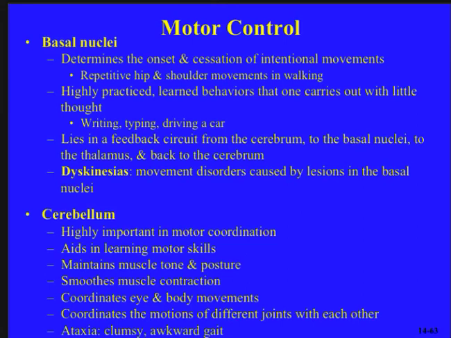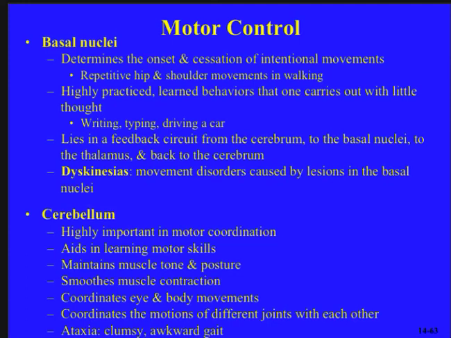Ataxia is a cerebellar defect in which you have a clumsy, awkward gait, and this has to do with the fact that the cerebellum in certain individuals is unable to coordinate these activities due to the presence of something as severe as a lesion, and it can make these tasks very difficult to perform.